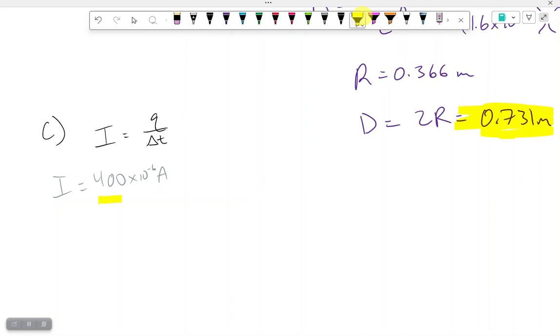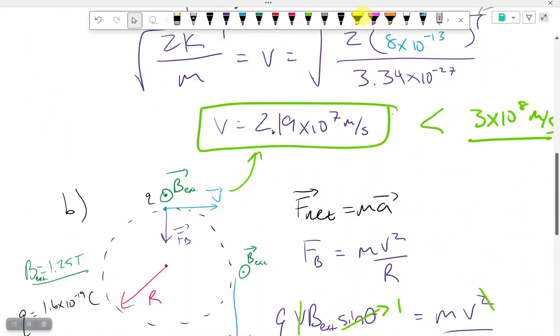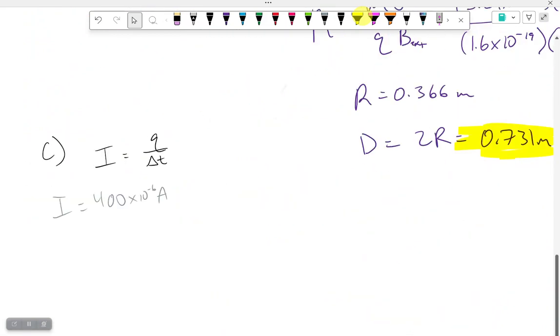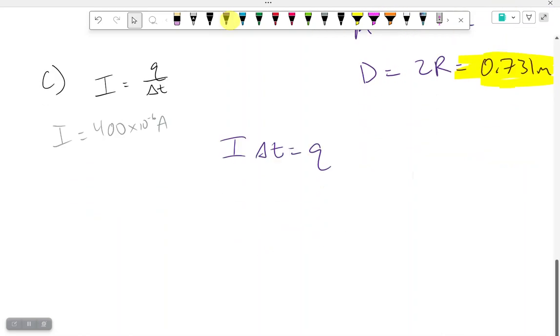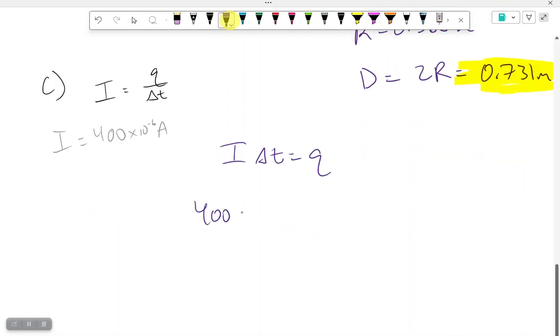And then they gave me a current of 400 microamps. So microamps is times 10 to the negative 6. And then I can figure out how much charge that is. So here we go. I can multiply both sides by delta T. I get I times delta T is equal to the charge. So again, my current is 400 times 10 to the negative 6.